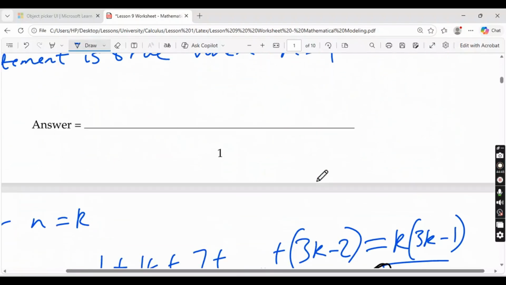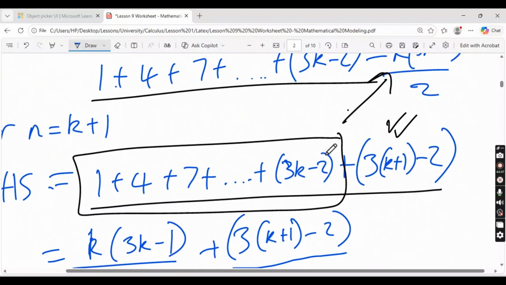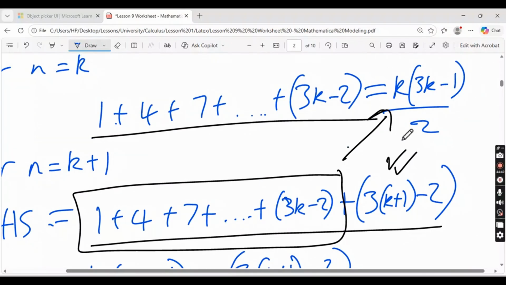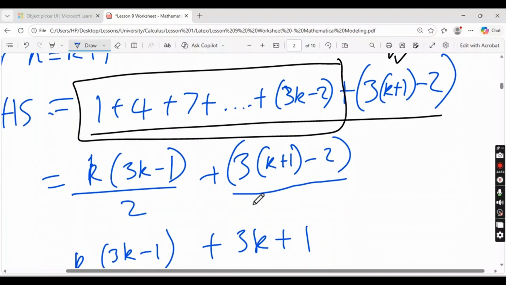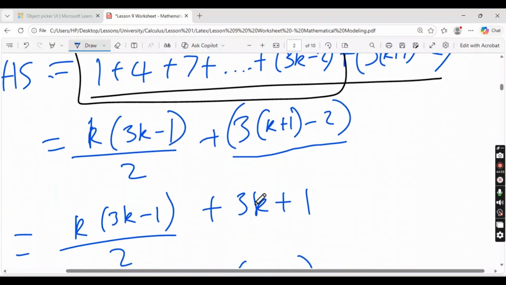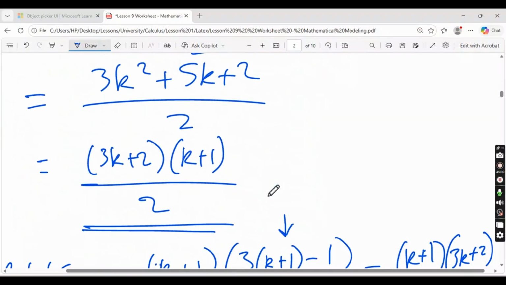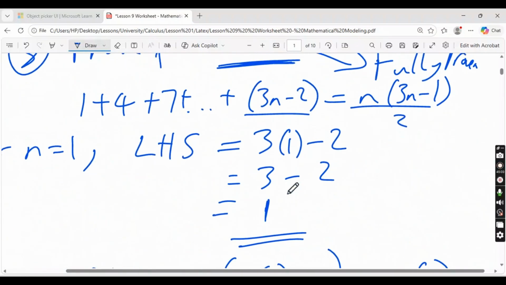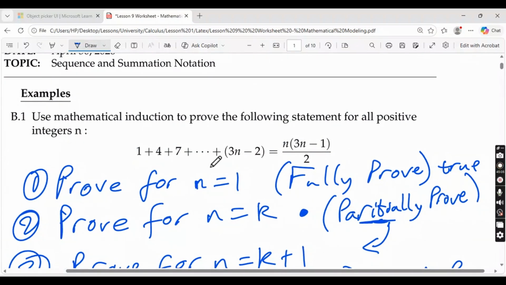Because we take a statement from n is equals to k, then insert it as n is equals to k plus 1. And then once we have proven everything, this now tells us that our statement is true, no matter what value we put in for n. So whether we put hundreds, whether we put a million, our statement will always be true.